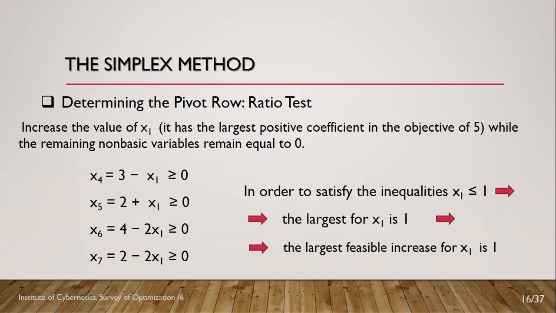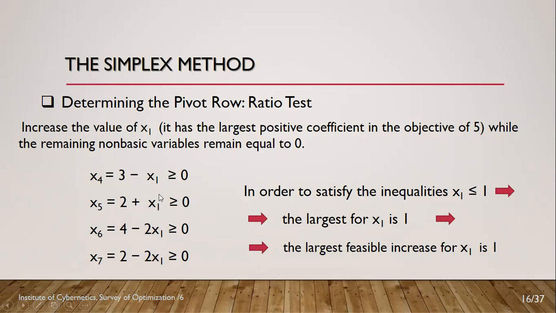So now let's actually perform this ratio test in a more comprehensive way, though actually we have done it. So increase the value of x of 1, which has the largest possible coefficient in the objective, 5. Remember that 5 is the highest positive coefficient, though it refers to two variables, x of 1 and x of 2. All the other remaining non-basic variables remain equal to 0.